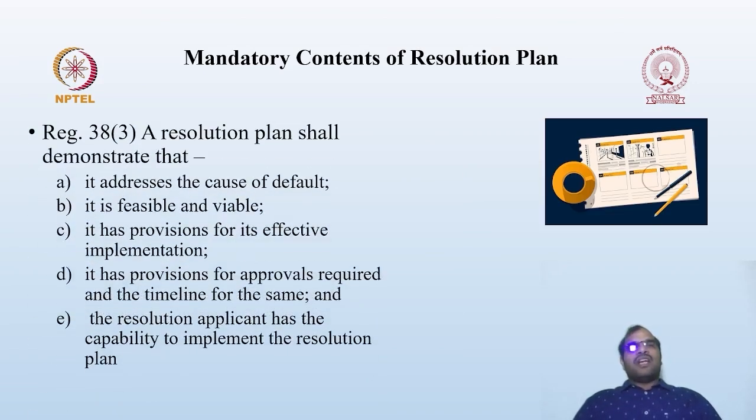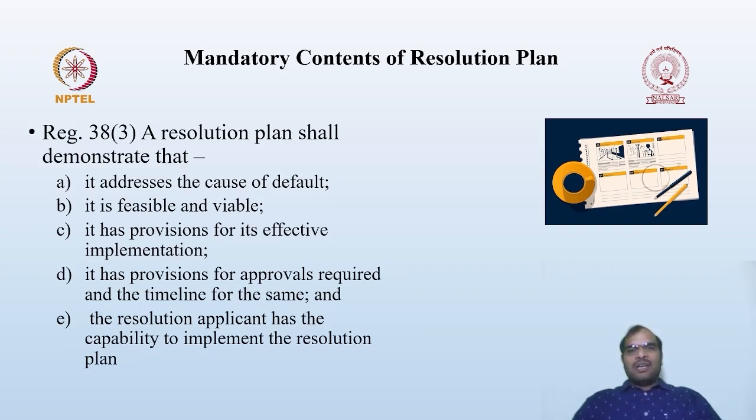Then let us discuss other mandatory contents in the resolution plan. If you observe regulation 38(3), these are all the various mandatory contents. It addresses the cause of default. Is it feasible and viable? Then it has provisions for its effective implementation; how you are going to implement the plan, you should have that. Then it has provisions for approvals required and the timeline for the same.